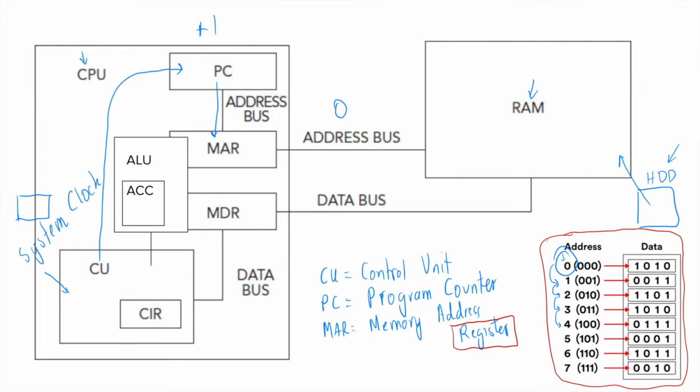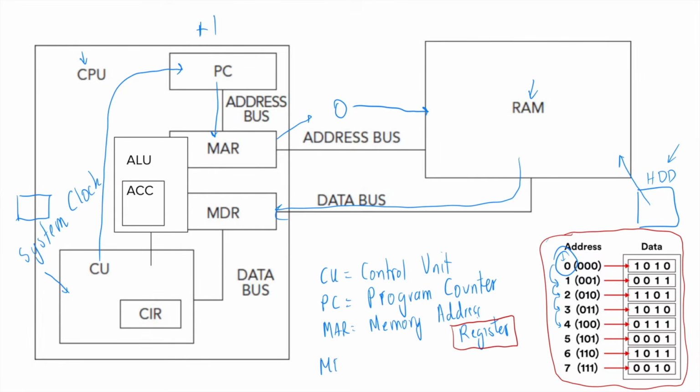So anyways, we're sending an address that we've obtained from our program counter to our memory address register. And then the memory address register is sending that address to the RAM. And based on what is at that address, we're going to send the data or instruction from the RAM that we found back over our data bus to our MDR.